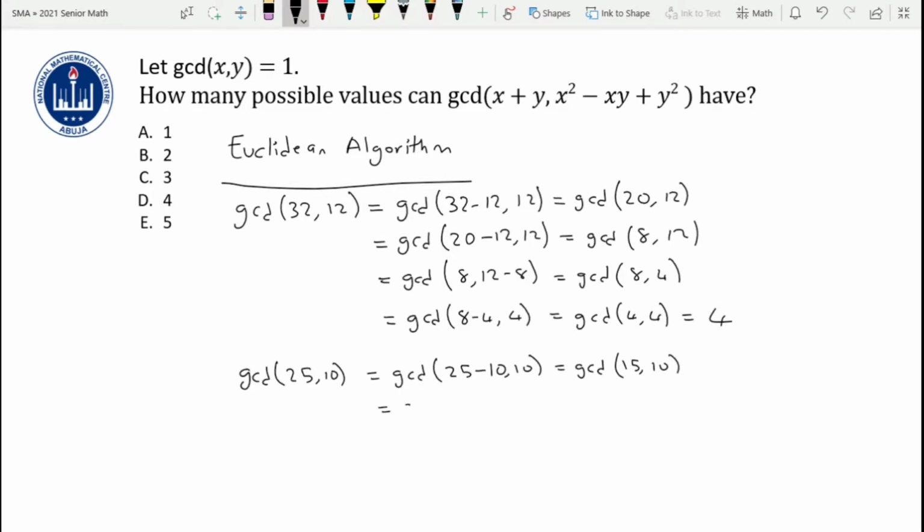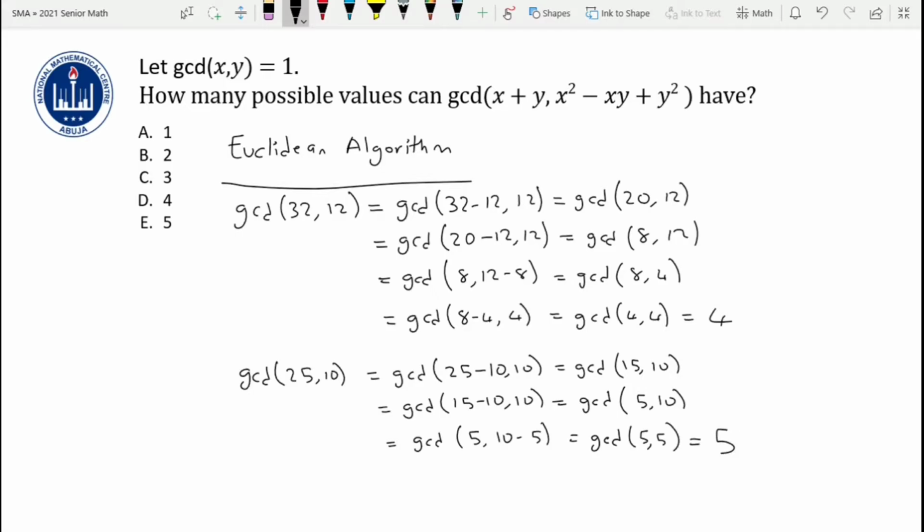Then since 15 is larger, 15 minus 10 and 10, which is GCD of 5 and 10. Since 10 is larger here, that will be GCD of 5 and 10 minus 5, which is GCD of 5 and 5, which is equal to 5. And so that's what the Euclidean algorithm is all about.